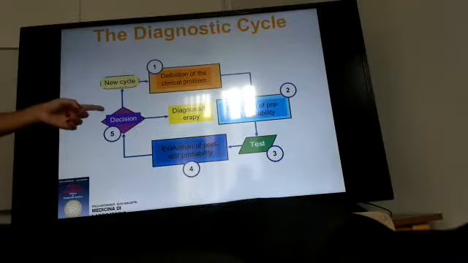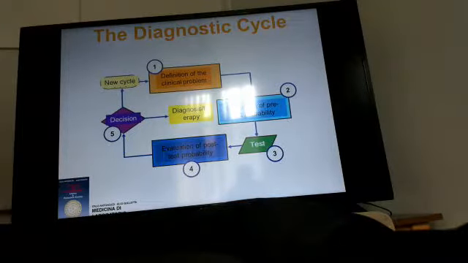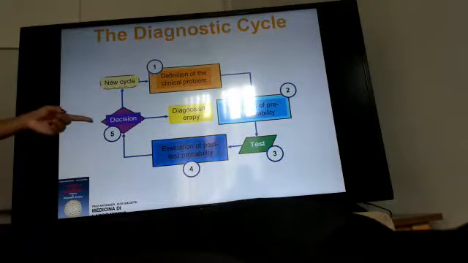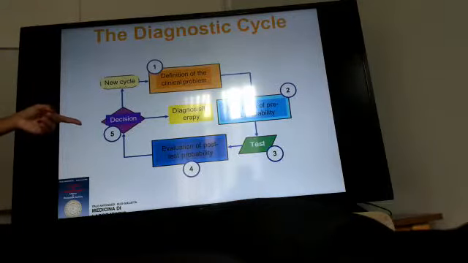If you think that there is another disease that was not considered, you have to reevaluate the case based on this new knowledge. So the first choice was diabetes. Okay, you test, and the test was negative. Okay, you have to reevaluate. The fasting glucose level was negative.